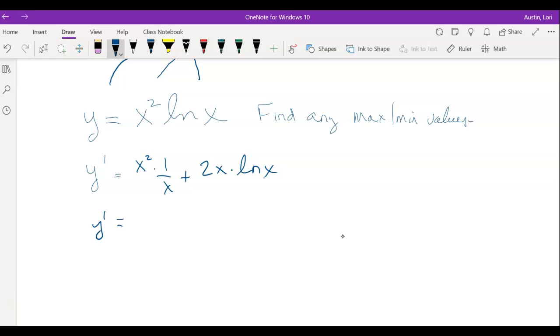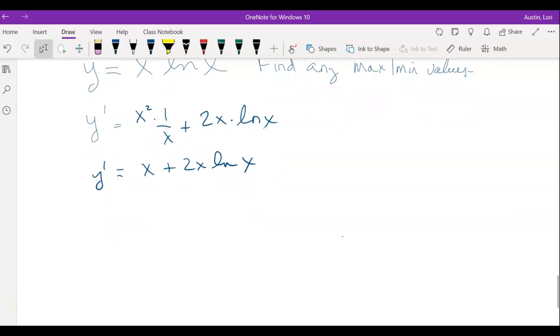So you want to clean it up, get it as neat as possible. x squared over x is just x, so we're going to take that and set it equal to 0. So we're going to say, okay, x plus 2x ln x equals 0.